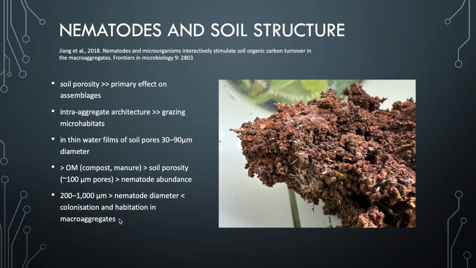So there is a fine line in the soil structure as to whether nematodes can live within that soil, because the larger the diameters of the pores and the spaces within the soil, the less moisture availability there is for the nematodes, less places to hide from predators.